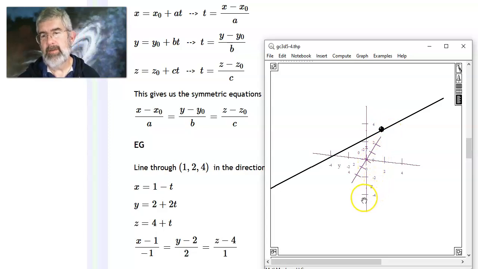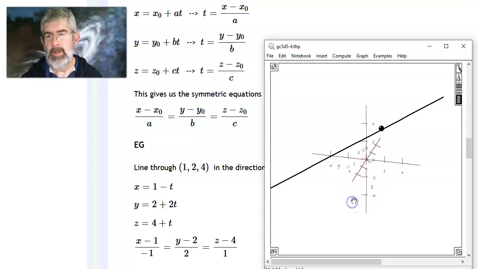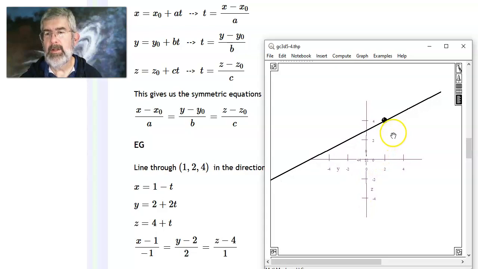Now if I look straight down the x-axis, I can see in the YZ plane, for every 2 that I go over, it goes up 1.